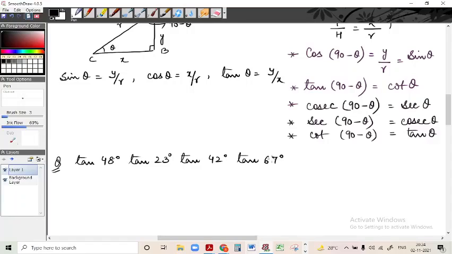Okay, and you have to evaluate the values. So in this case, you have to see that which angles are complementary. Here, if you take 48 and 42, okay, so 48 and 42.